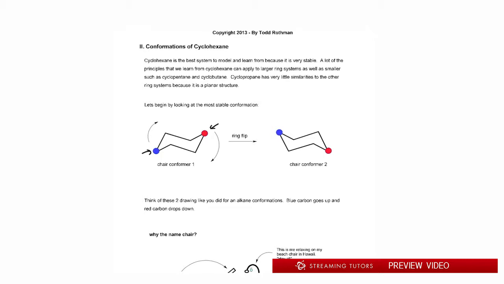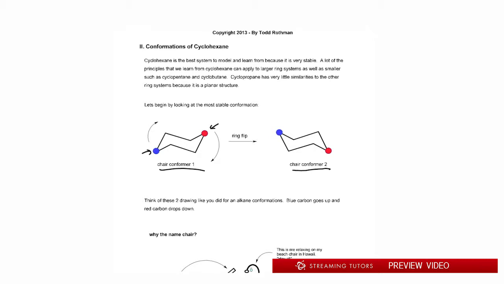If I push up the blue side and pull down the red side, so it's blue side up, red side down, I would get this right here. All I did was interconvert what's pointing up and what's pointing down. So the blue goes up, the red goes down, then the red goes up and the blue goes down, and it just keeps going up and down. These are the two conformers that we're focusing in on.